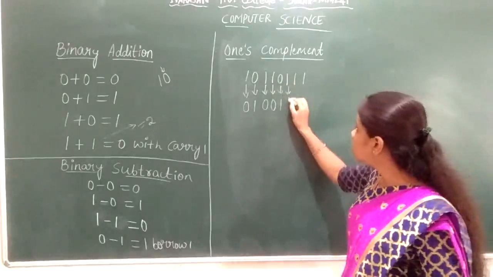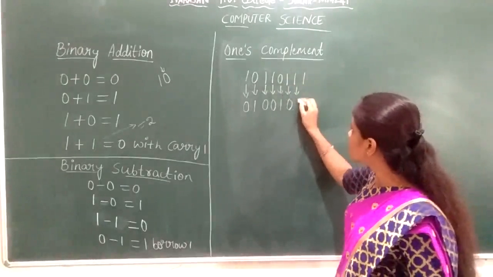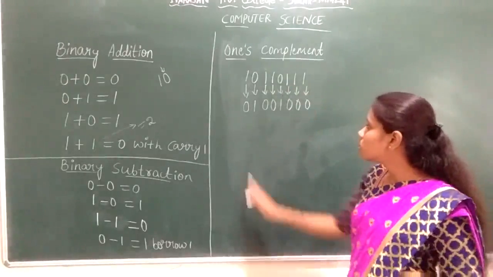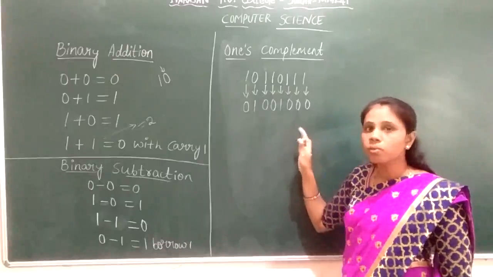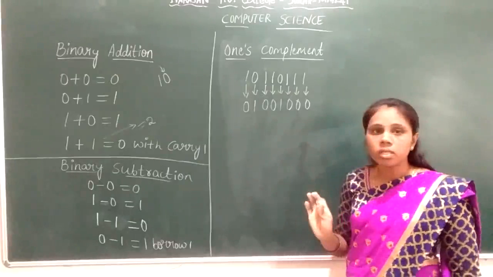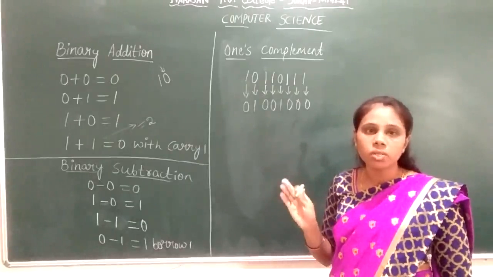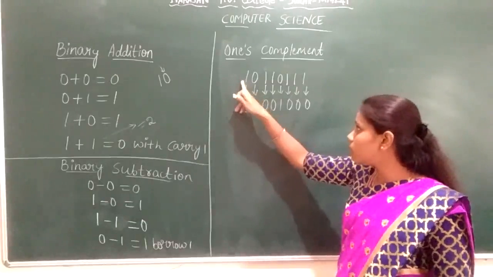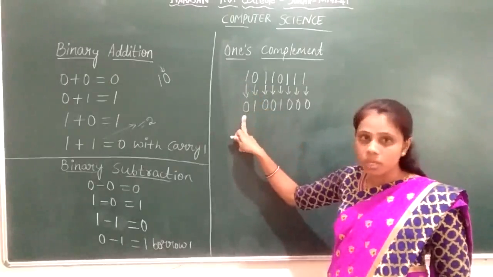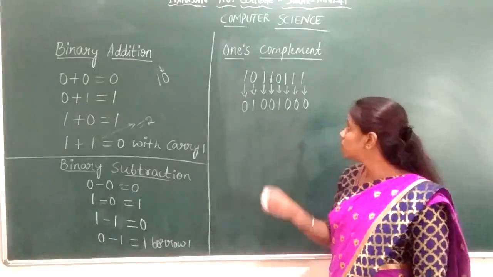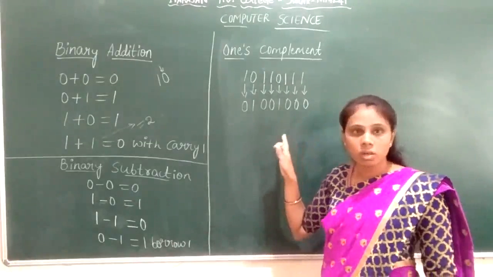We have 1, that is 0. 1 is again changed to 0 and 1 should be changed to 0. So this is how we perform ones complement. In ones complement, we need to change each 0 to 1 and each 1 to 0. Wherever we have 1, that should be changed to 0.